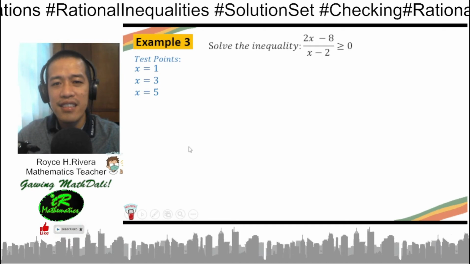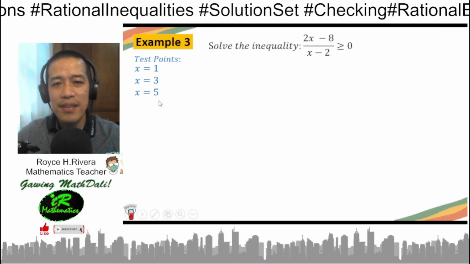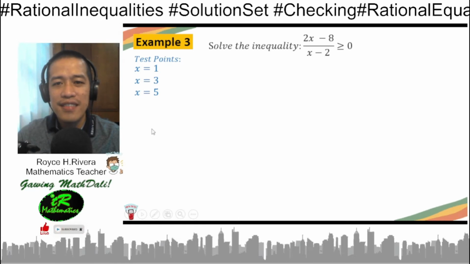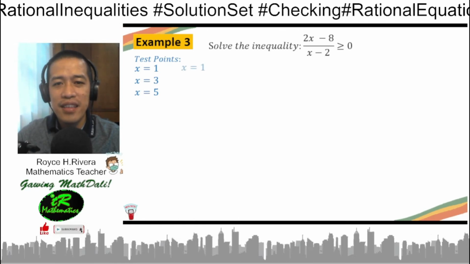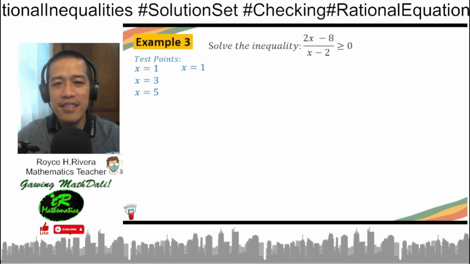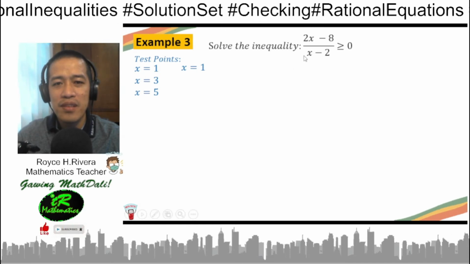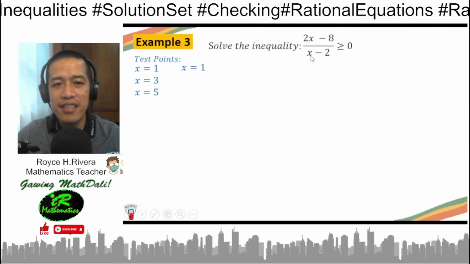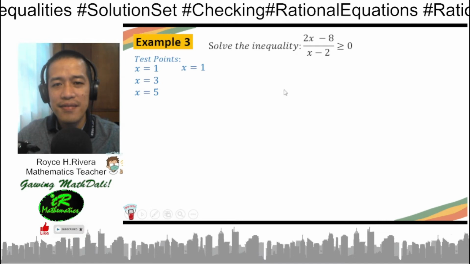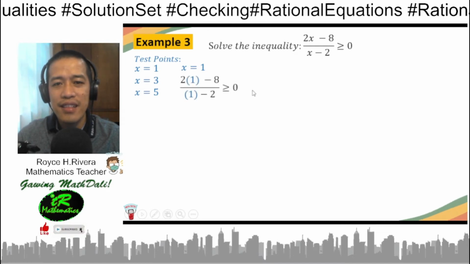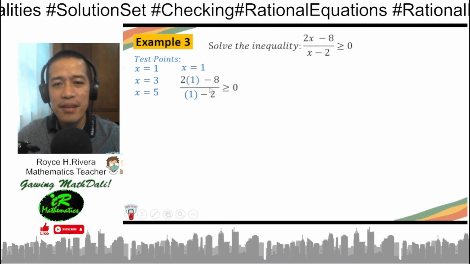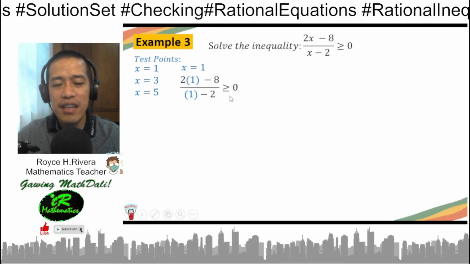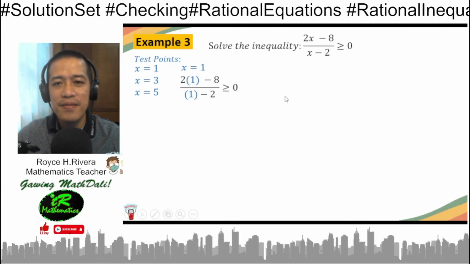Let us test if each value will satisfy the inequality. So let us start with x equals 1. We substitute the value to each and every x in the inequality. We will get 2 times 1 minus 8 all over 1 minus 2 greater than or equal to 0.